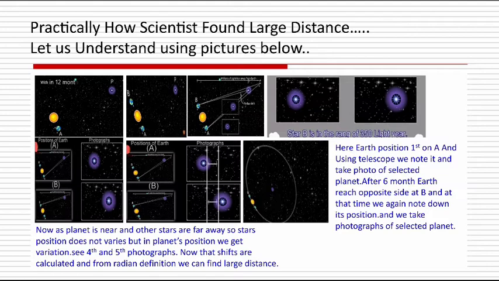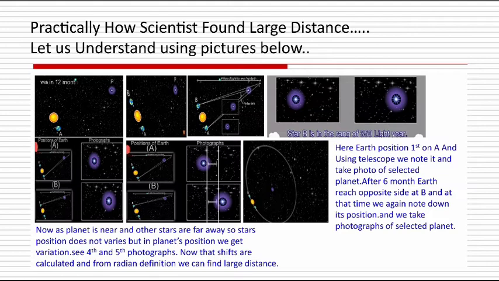The star positions do not change because they are very far away, but the planet is somewhat nearer to the Earth, so the position of the planet changes after 6 months, as in the second figure. By combining these two figures, we get a shift between the two positions of the planet. You can see this shift in the fifth diagram.